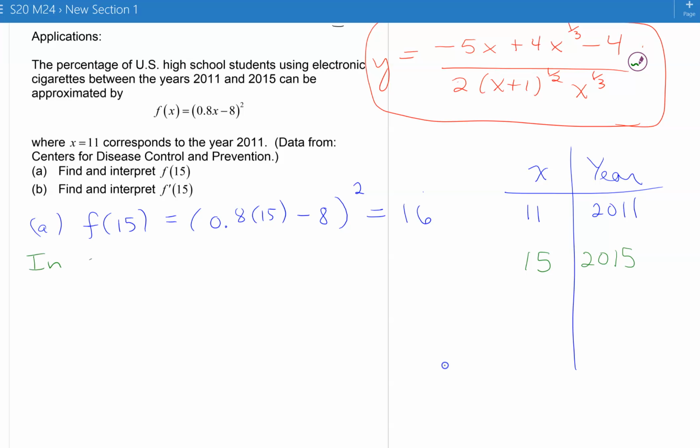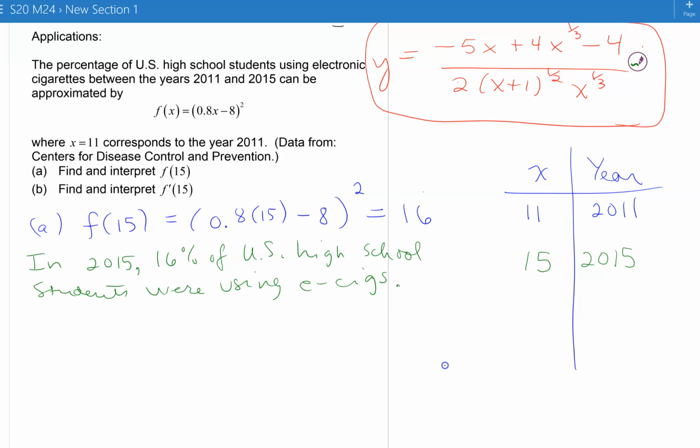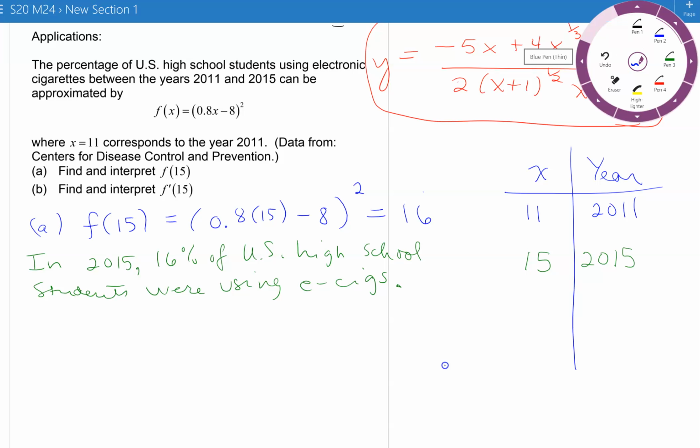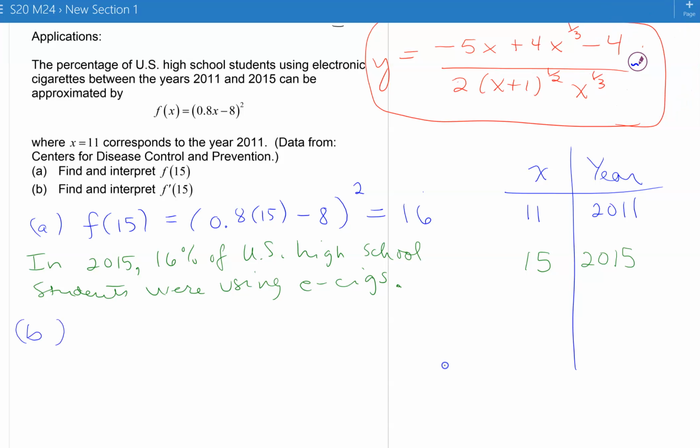So my interpretation would be in 2015, 16% of U.S. high school students were using e-cigs. And this is actual data again. So in 2015, about 16% of U.S. high school students were using e-cigs, and you can say according to this model, if you like, to be really precise.